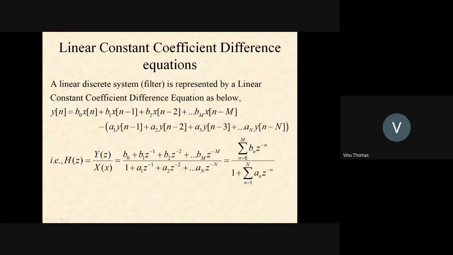See that the summation in the numerator is from 0 to m, and the summation in the denominator is from 1 to n, and you have a 1 plus this term here.